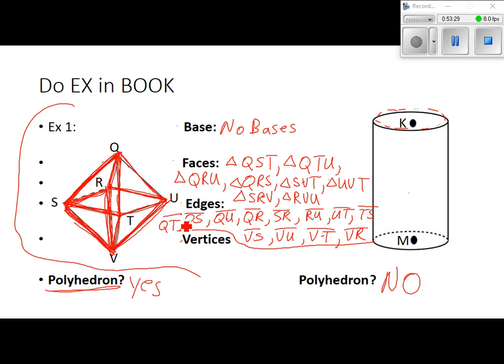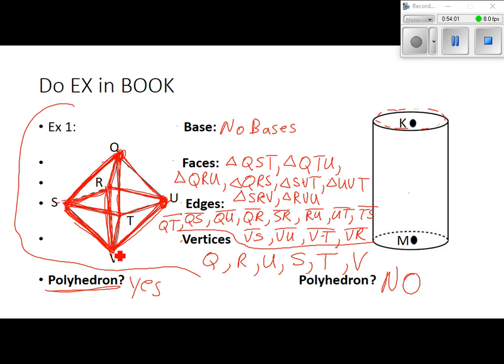So make sure you go in some kind of order and don't get confused like I just did and skip something. Then the vertices. Remember, the vertices are just the corners. So it's a little easier. So it's just all the corners. Well, we got Q, R. Remember, these are all just points. U, S, T, V. Make sure I didn't miss any. 1, 2, 3, 4, 5, 6.